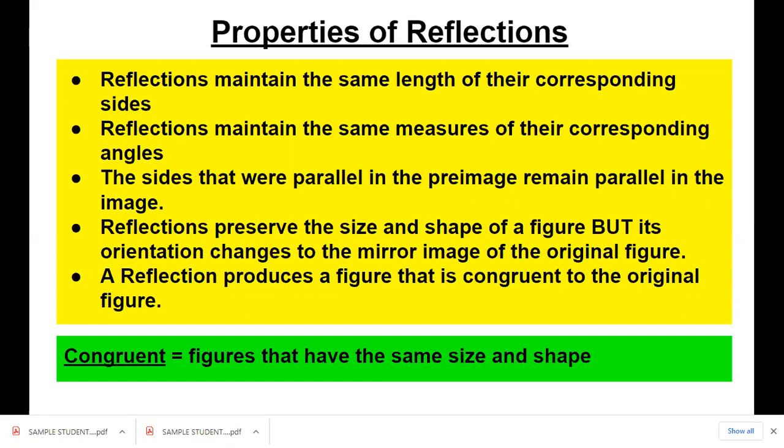Reflections preserve the size and shape of a figure. Our triangle didn't change shape or size, but its orientation changes to the mirror image of the original figure. And a reflection produces a figure that is congruent to the original figure. And again, congruent means figures that have the same size and the same shape.